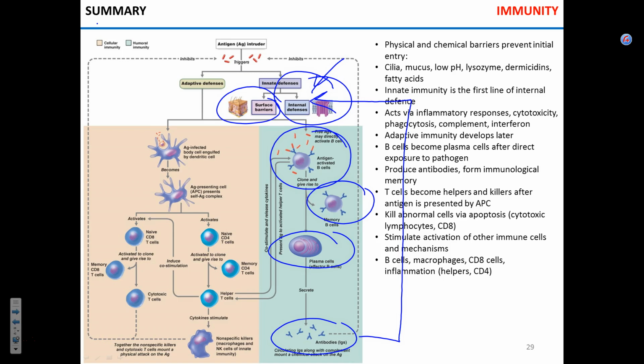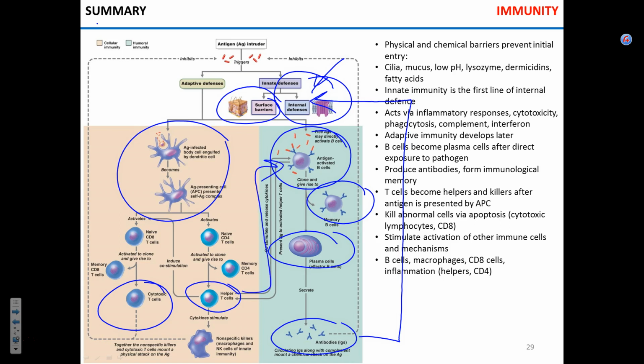Does that make sense? In the meantime, cellular response will lead to formation of cytotoxic lymphocytes, okay, and helper cells. And helper cells will help B cells, providing that crucial link between the cellular and humoral immunity.